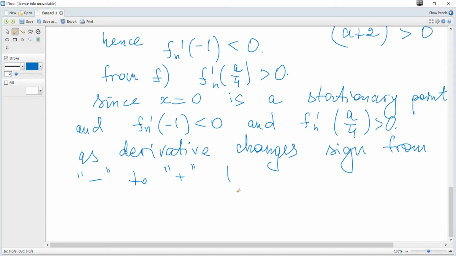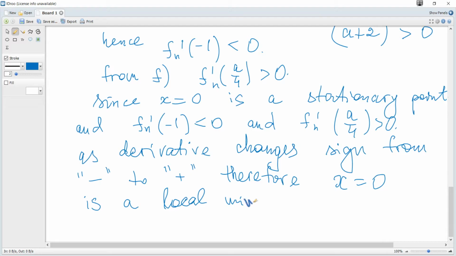Therefore x = 0 is a local minimum as required.